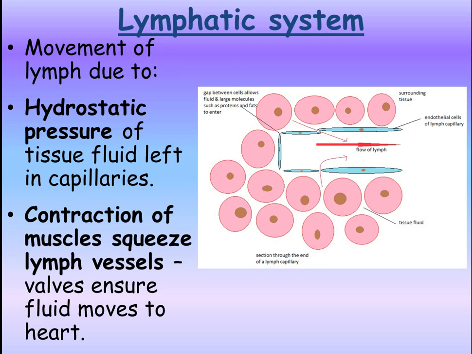There are smooth muscles which squeeze the lymph vessels, so it squeezes the lymph back towards the heart. But there's also valves which ensure that the lymph goes in one direction, so there's no backflow of lymph. The valves ensure that the fluid moves towards the heart.